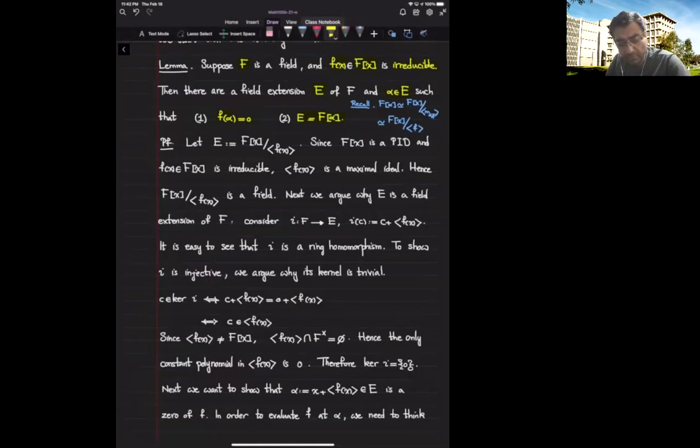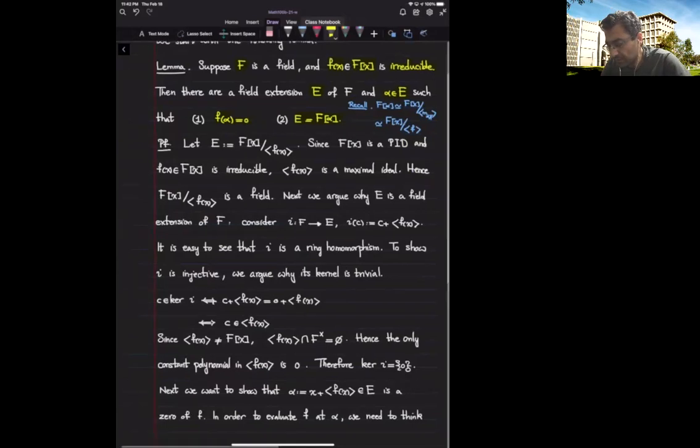The first thing that we observe is that because F is a field, F[x] is a PID. Because the polynomial f is irreducible inside this PID, the ideal generated by f is maximal.